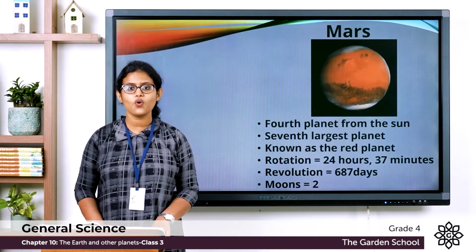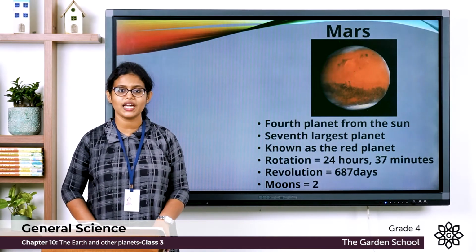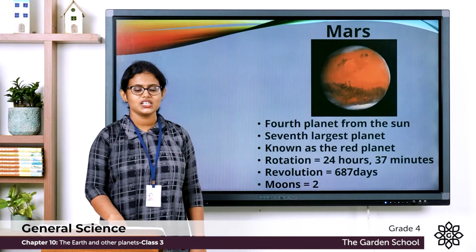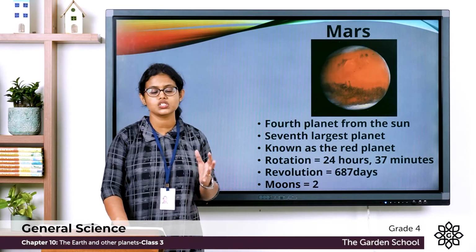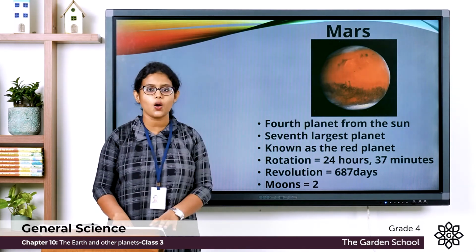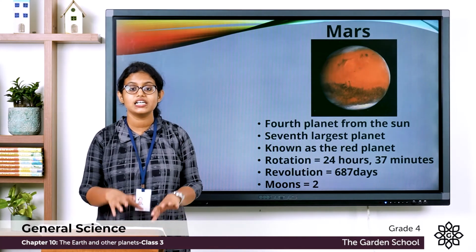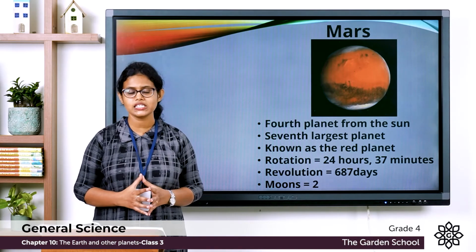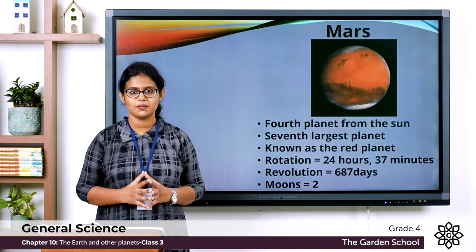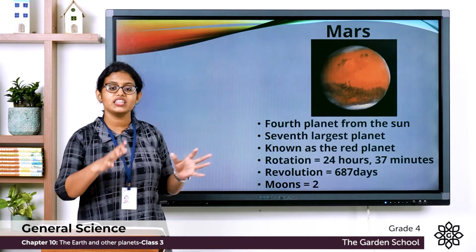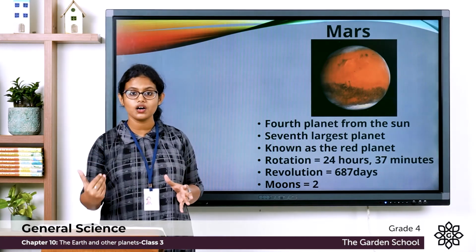Coming to the 4th planet. Which is the 4th planet from the sun? That is Mars. This is the 7th largest planet in our solar system. If you closely observe this picture, you can see it is red in color. This planet is known as the red planet because it appears reddish in color when viewed from Earth.